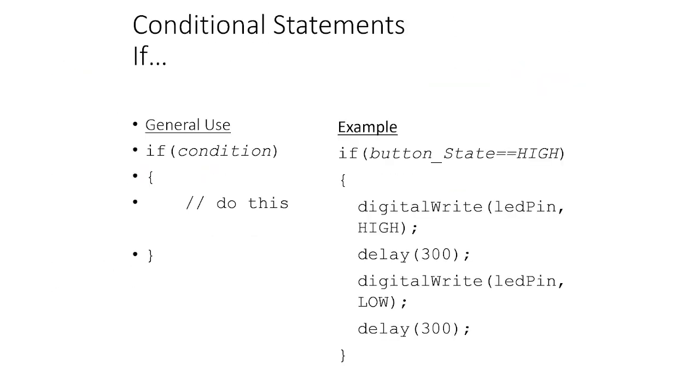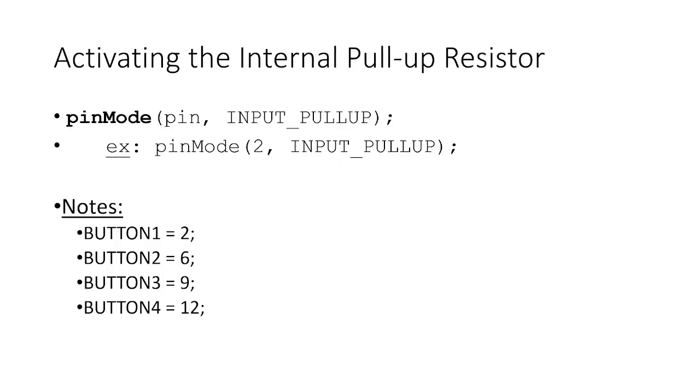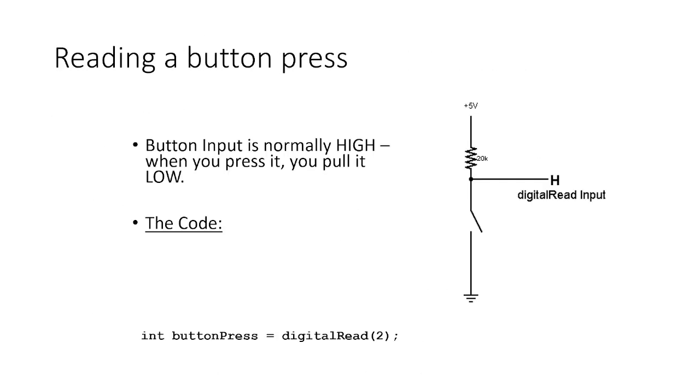So before that, we are now entering into the void loop, whereby any code we put in the void loop will run forever. So we just need to create another variable.